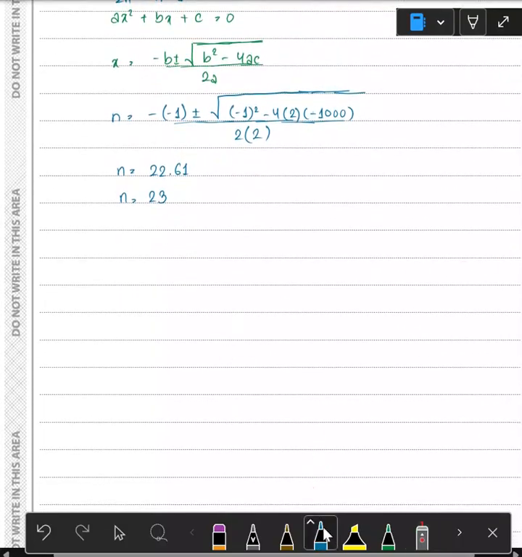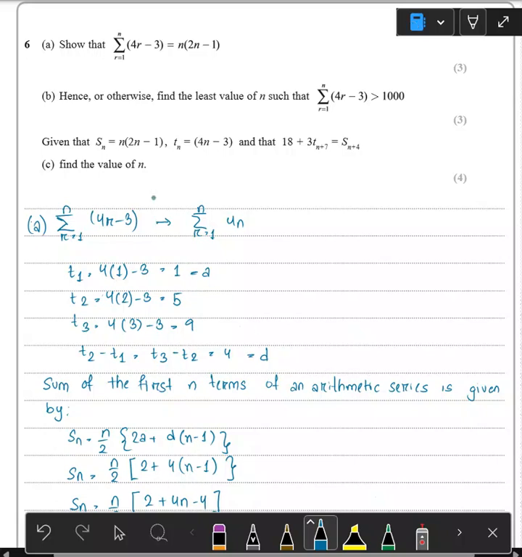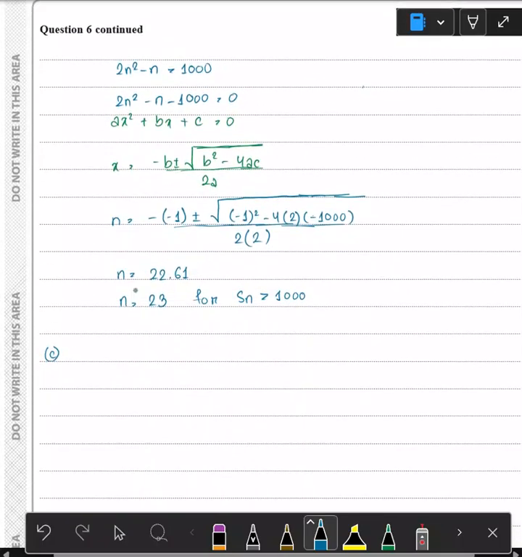Okay. And now for part C, just for clarification, for Sn to be greater than 1000. For part C, they have given Sn, which we showed in part A, and Tn to be 4n minus 3, and that 18 plus 3Tn+7 is equivalent to Sn+4. Okay, so at first let us just write Sn.